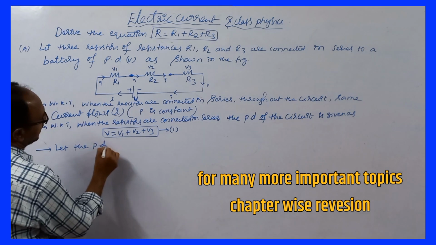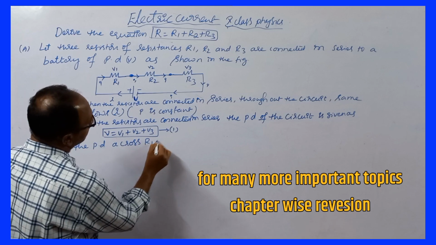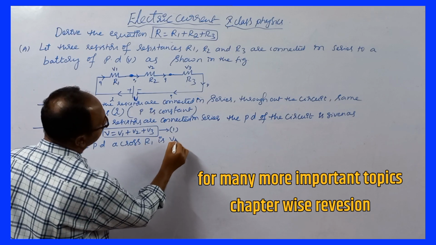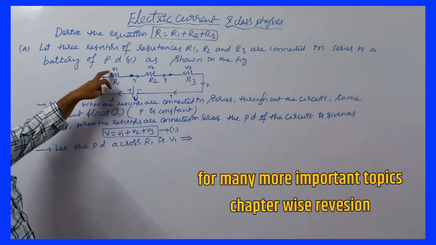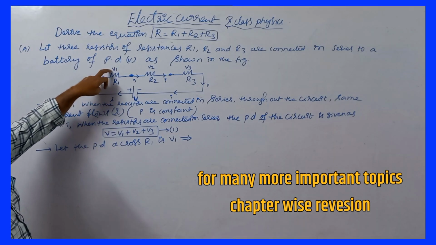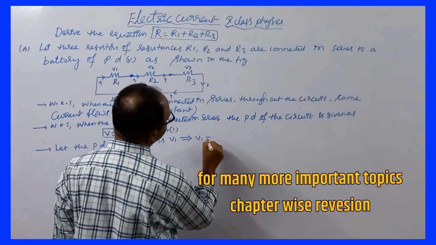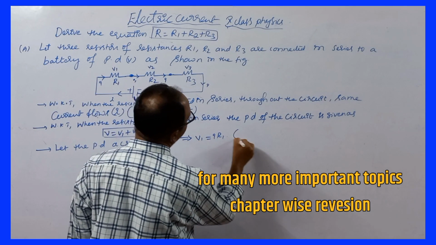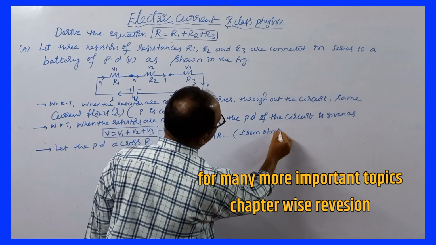Now let the potential difference across the resistor R1 be V1. This implies V1 is given as I R1. It is written from Ohm's law, students.